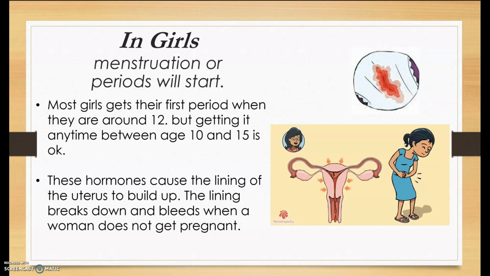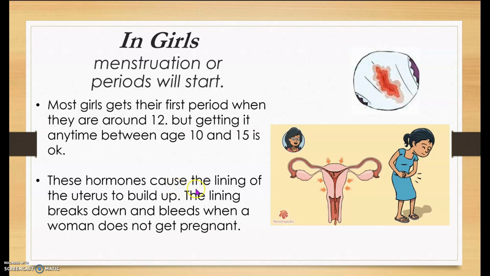Repeat after me. In girls, menstruation or period will start. Very good. Most girls get their first period when they are around 12, but getting it anytime between age 10 and 15 is okay.